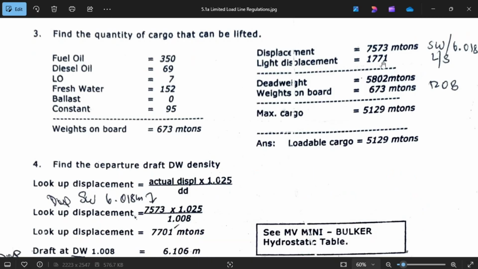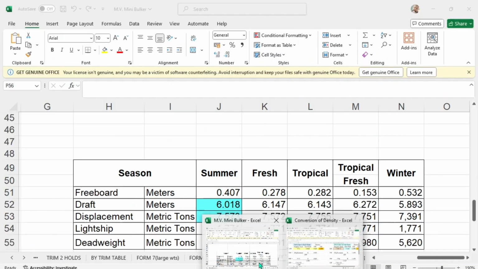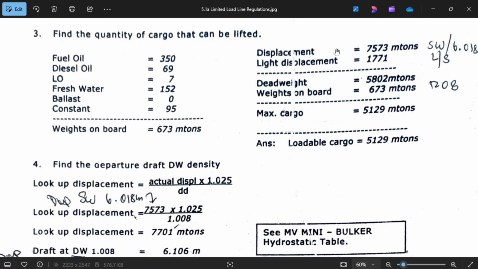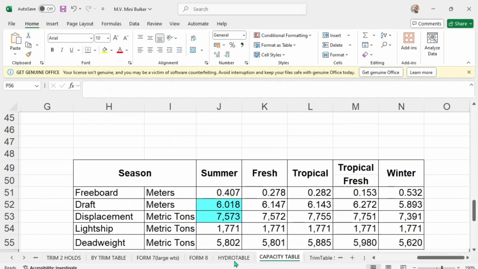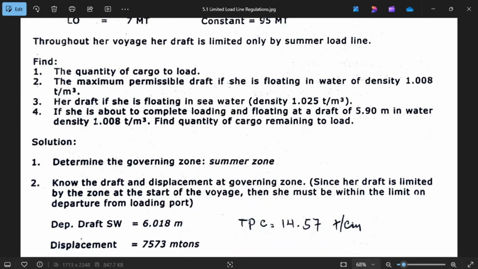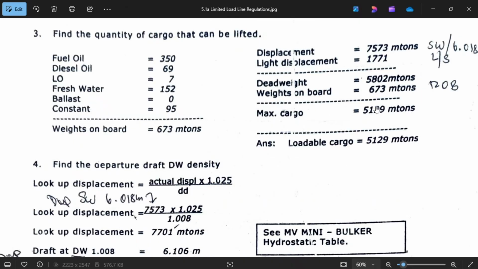And your displacement is 7573. Check again. You have your 7573 displacement of summer drop, okay. Then you less it with your light displacement or your light shift. Your light shift is this one, 1771.